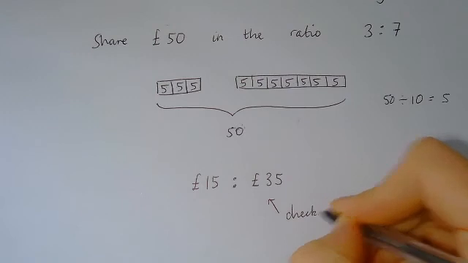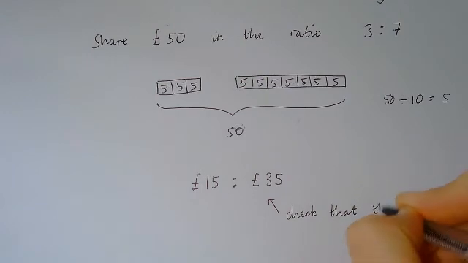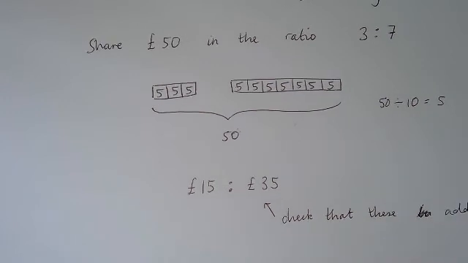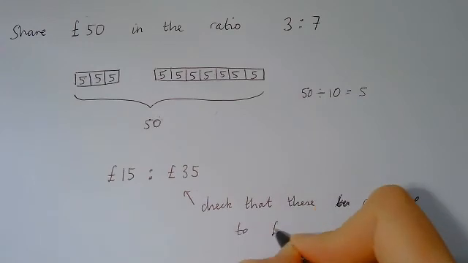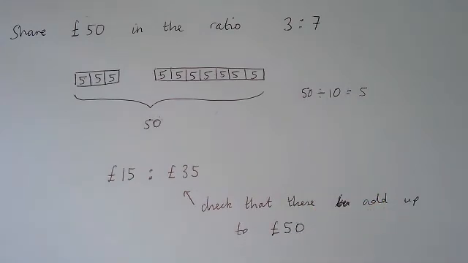I can check that these add up to 50. Remember, we had £50 to start with. So if these don't add up to 50, then I've done something wrong. But these do. 10 add 30 is 40, 5 add 5 is 10. So I've got 50. So that's our basic method. That was sharing £50 in the ratio 3 to 7.